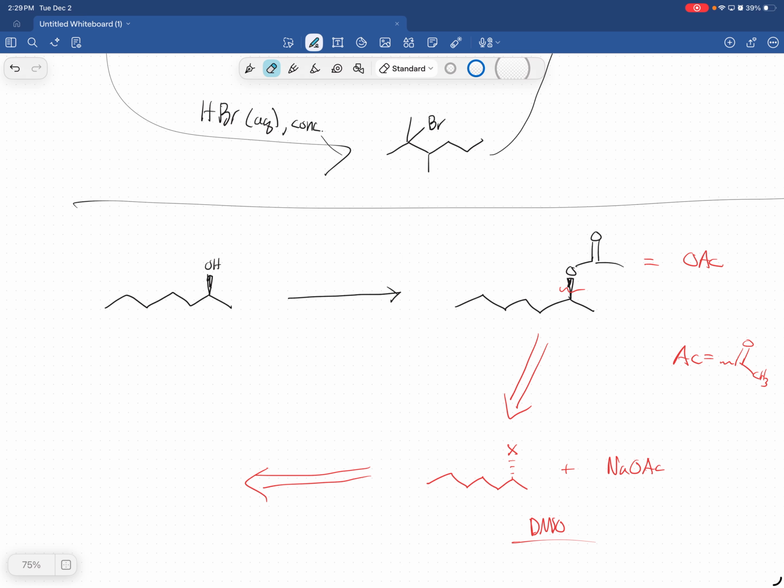All right, so actually, let's just go backwards. Let's just do it from here. So, what's one way we can convert directly OH to a good leaving group? We learned some methods, right? If you use an acid, I don't think it will matter because, well, actually it does.